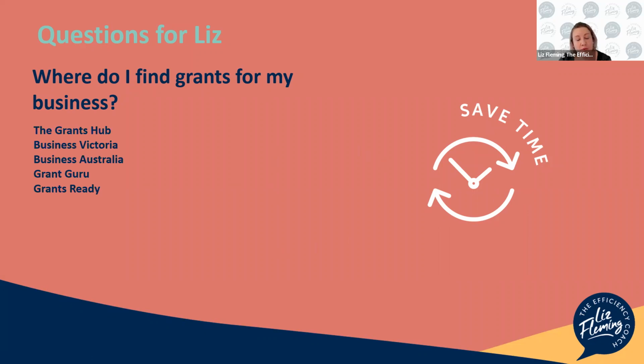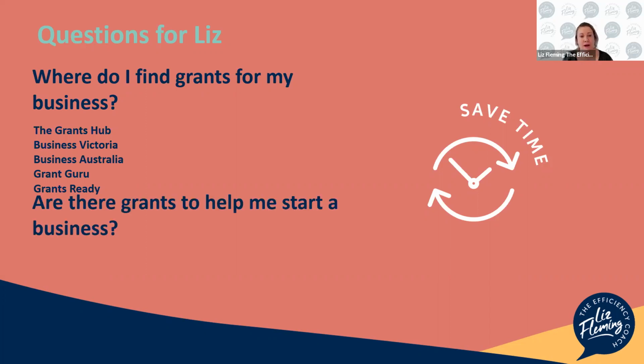Same with Business Australia, that'll have all the federal and Australian grants. Grant Guru is another paid subscription for a directory, and same as Grants Ready. So there you can buy your subscription and type in your search criteria, save that as an alert, and when a grant comes up, you'll get an email.